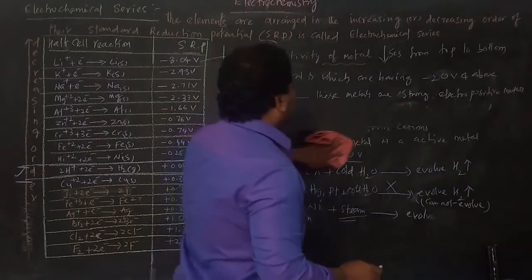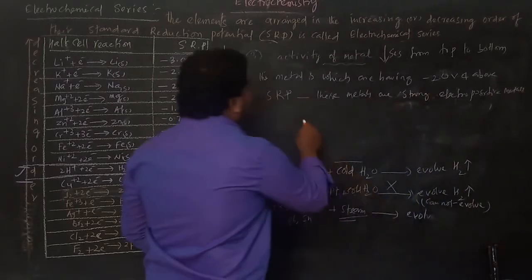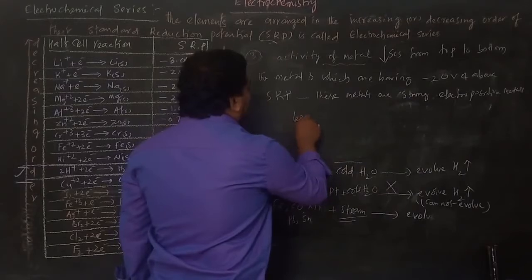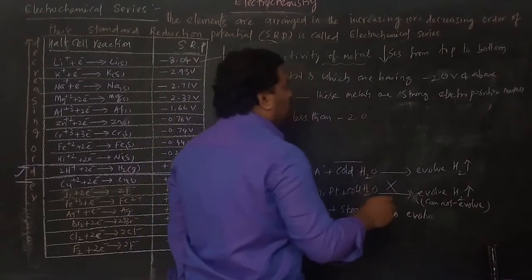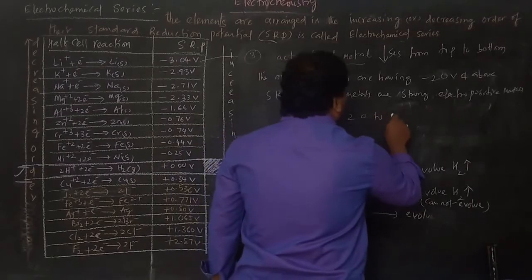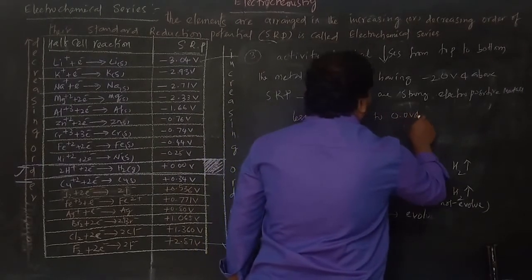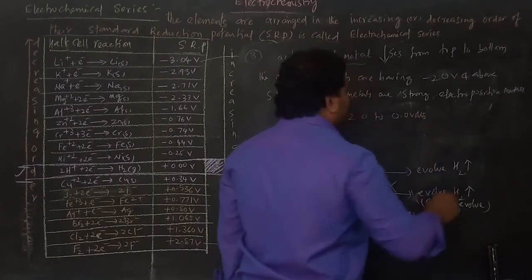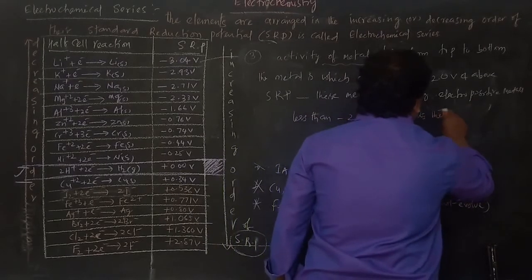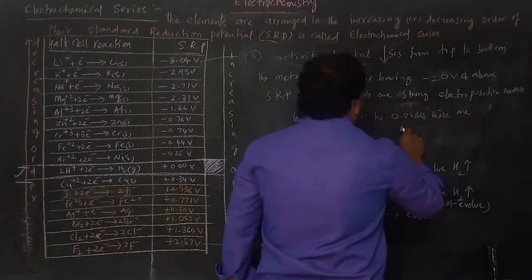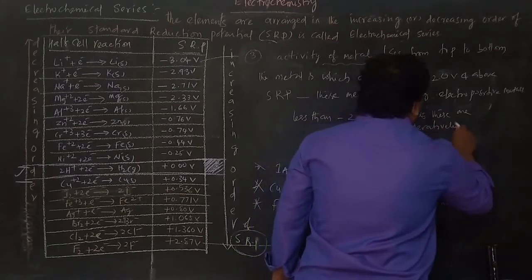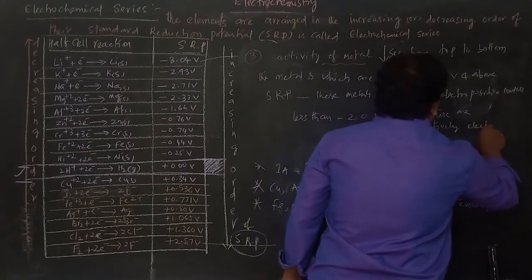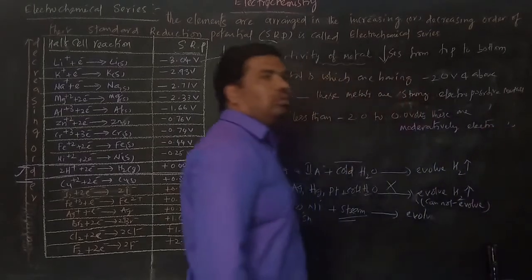And the metals which have values from minus 2.0 to 0 volts are moderately electropositive metals.